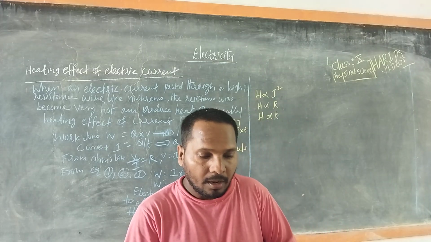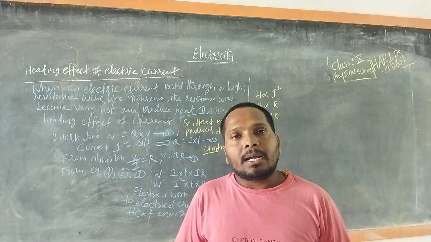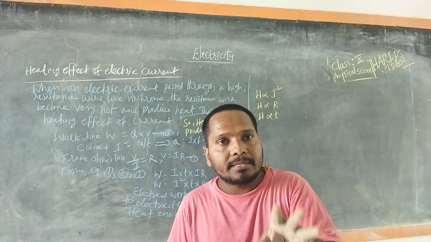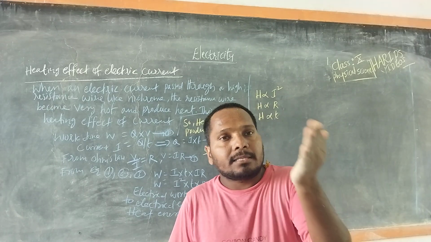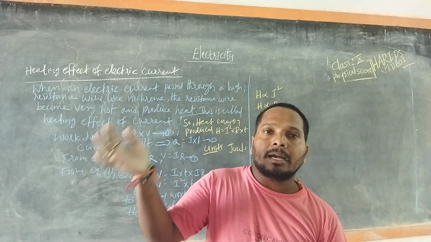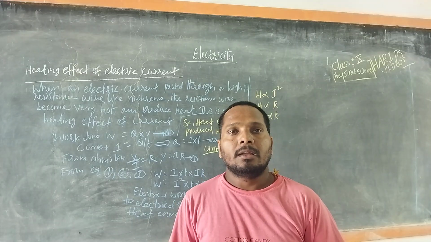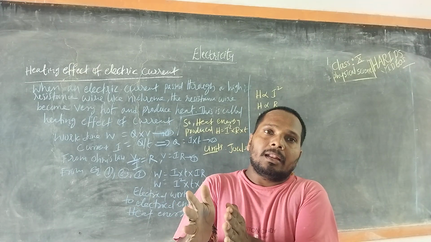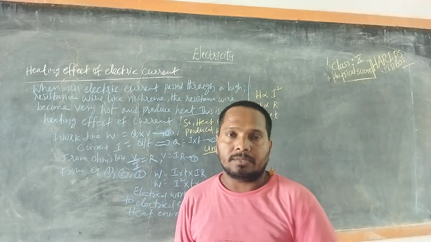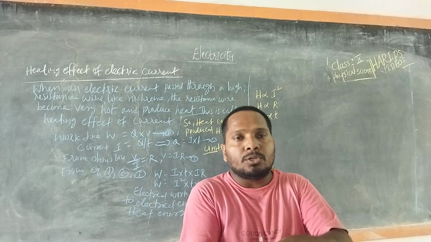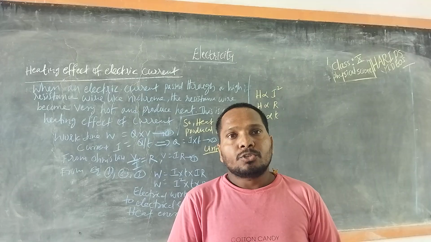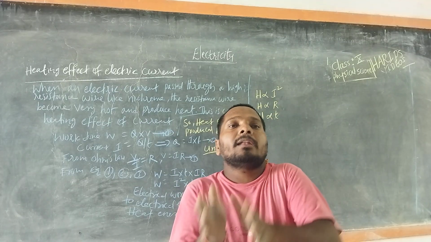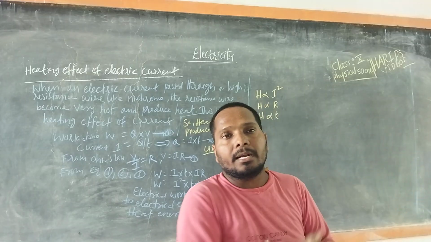For example, when electric current is passed through a fan, here the fan acts as a resistor. It has some resistance. When electric current is passed through a fan, it cannot convert this electrical energy into heat energy, but it converts it into mechanical energy. So most of the electrical energy in the case of a fan is converted into mechanical energy.